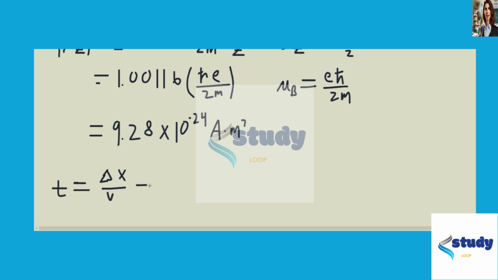So the time to travel 0.5 meters at that speed is 0.952 times 10 to the minus 3, which is 0.952 milliseconds. You could write it either way.